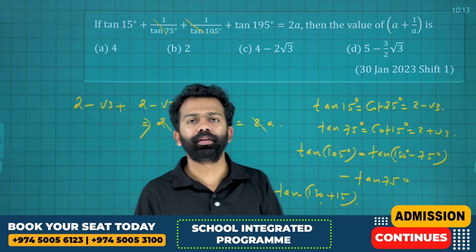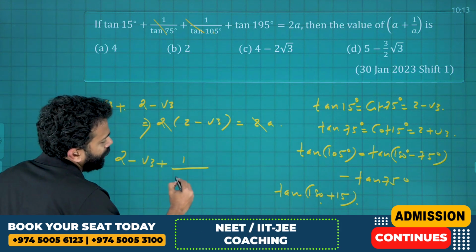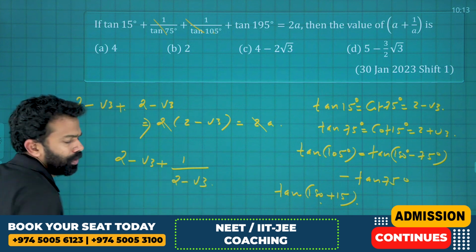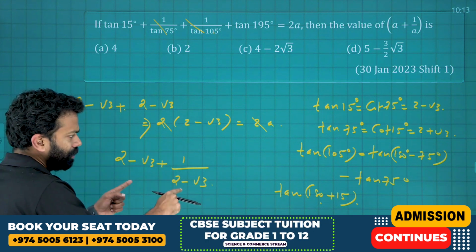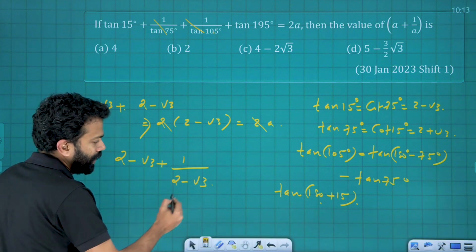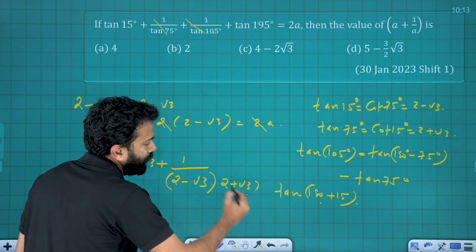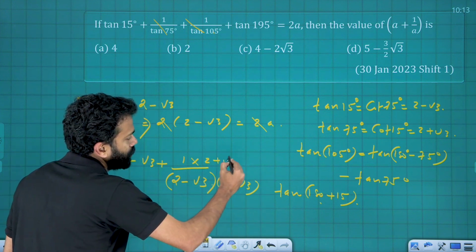And what you need to find here? a + 1/a. That is 2 minus root 3 plus 1 by 2 minus root 3. Here we have surds in the denominator. Therefore, we need to rationalize this part by multiplying by 2 plus root 3 over 2 plus root 3.